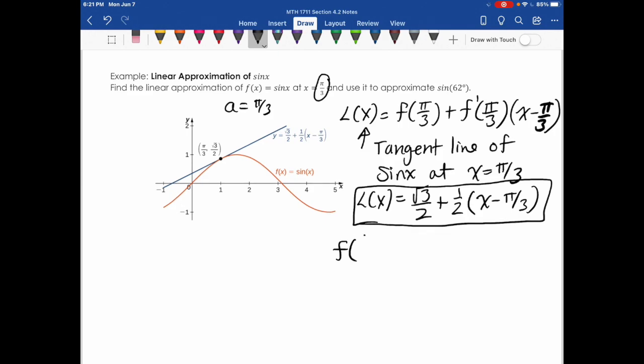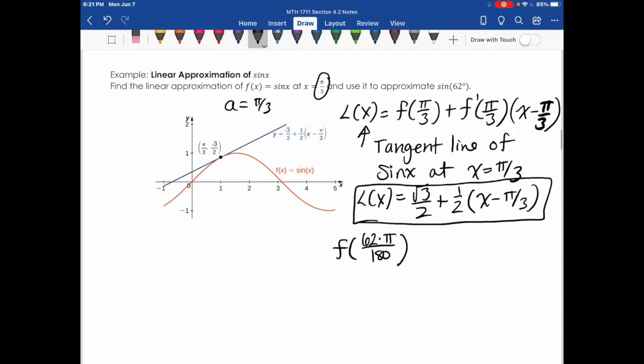Remember, to do that, we multiply by pi over 180. So we're going to approximate 62 times pi over 180, which is 62 degrees, by plugging it into our tangent line here.